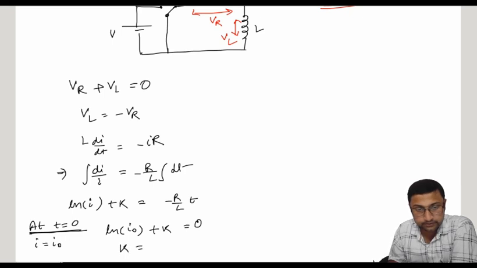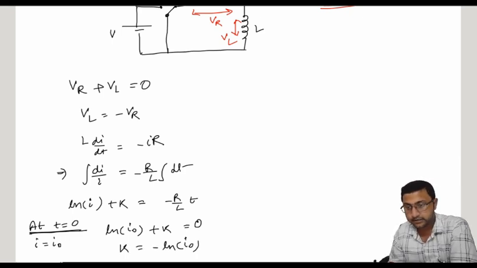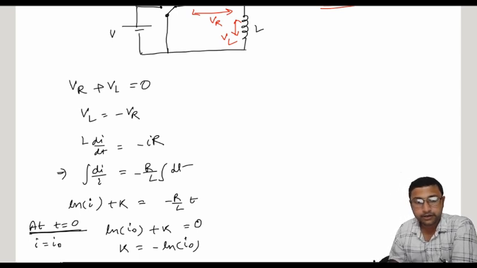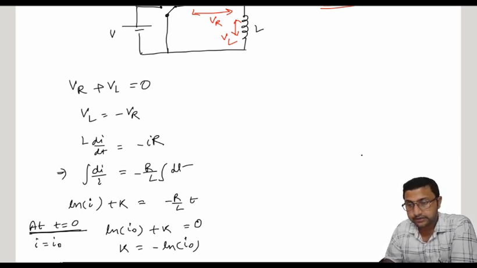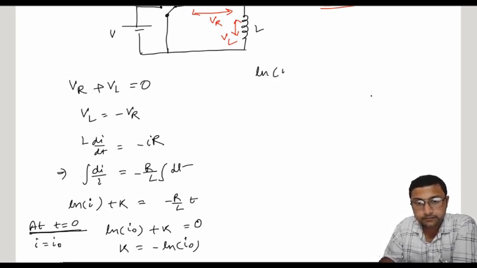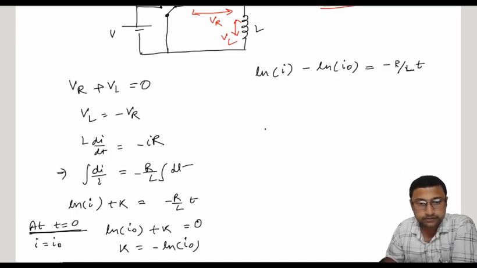From that equation you can write k equal to minus ln I0. Now if we put the value of k, we can write ln I minus ln I0 equal to minus R by L into t. So this is the mother equation.